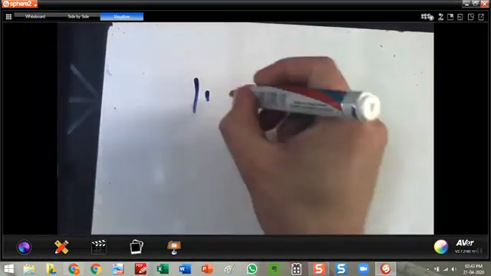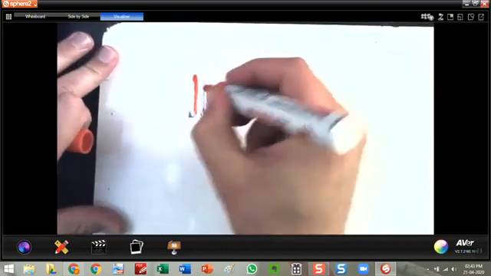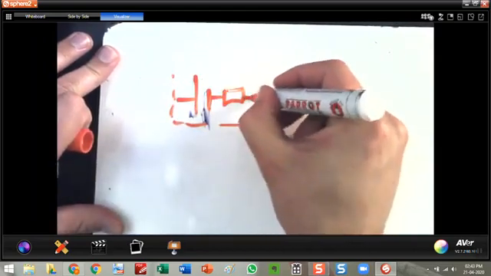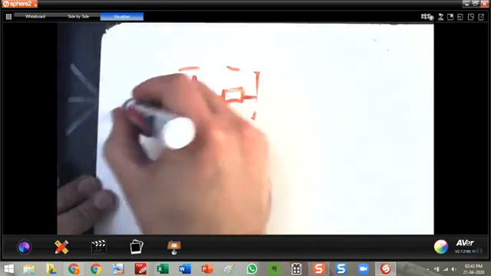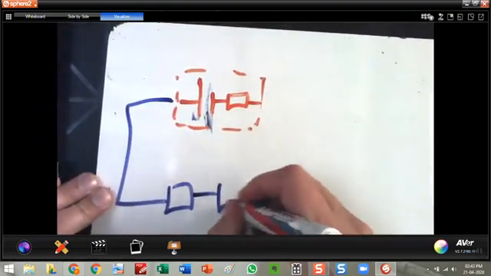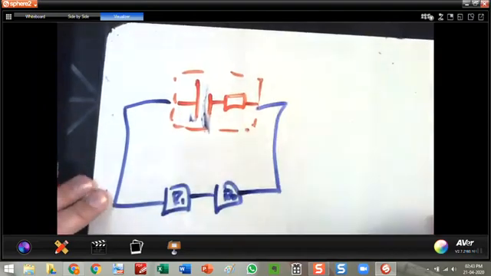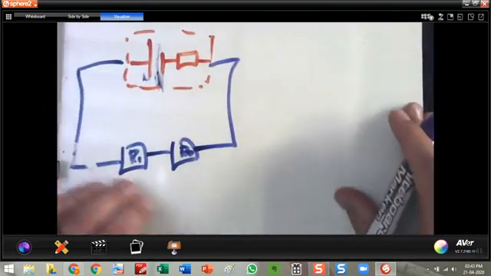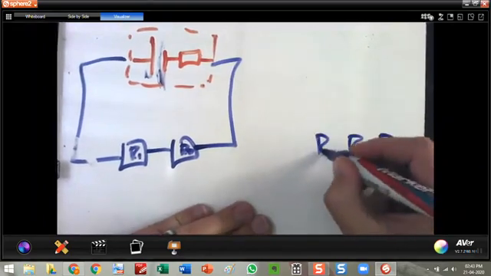And now the question is, how does this link up to what I've taught you before with regards to circuits? We have now our internal resistance, and then we have our external resistance, or resistors, R1, R2. Previously, we looked at the values R1, R2, and R total.